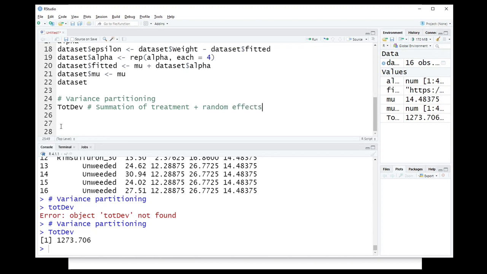I mean, if the data are different from one another, that depends both on the treatment and on random effects. This is the total deviance. We did not make any distinction before. We just compared the sum of squared residuals with respect to the overall mean. And if one observation is different from the overall mean, it depends on the treatment effect and on random effect. So this is the summation of everything.